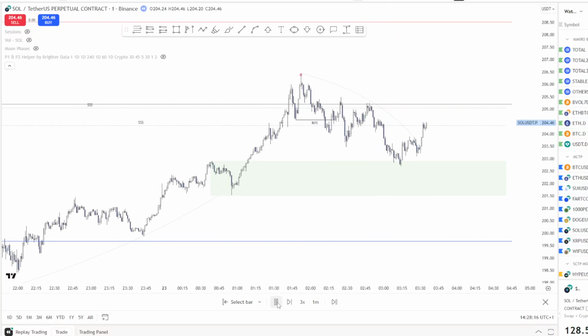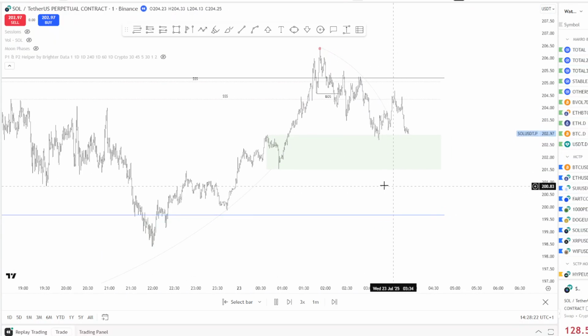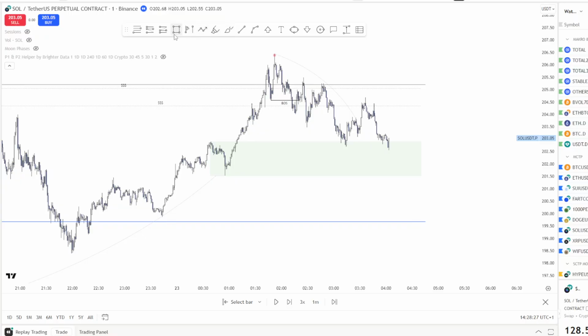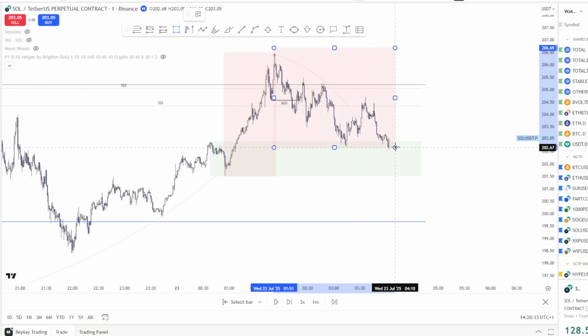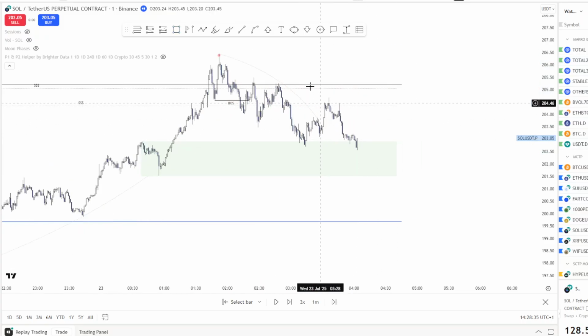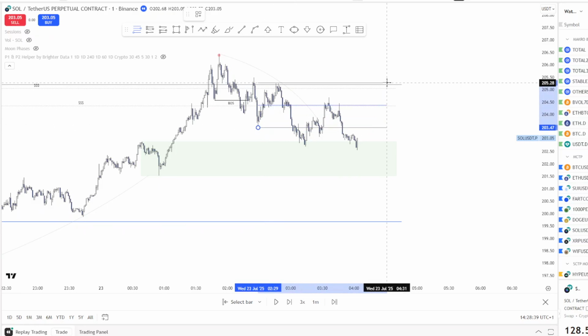So let's see how this plays out. Just look at this move into the 3rd tab and look at this move down. And it's kind of accumulating, coming into this demand.